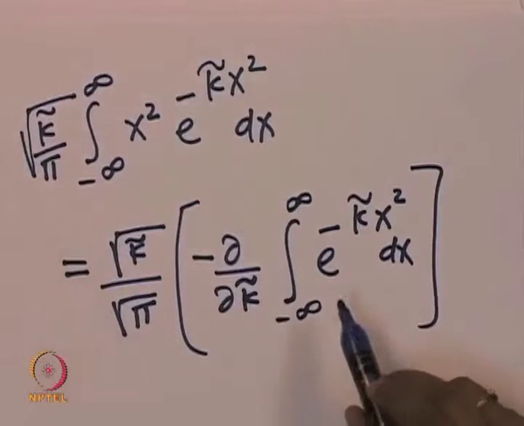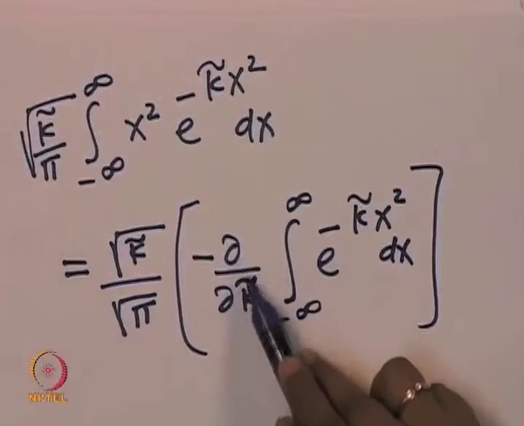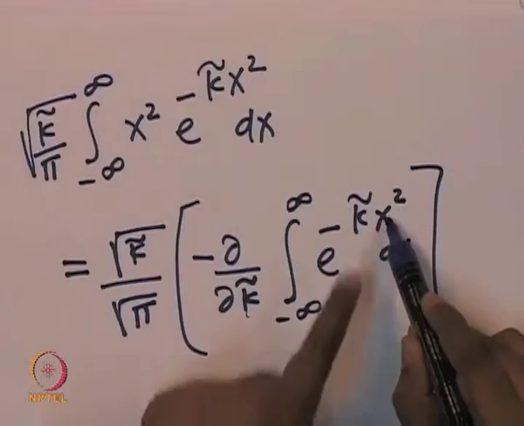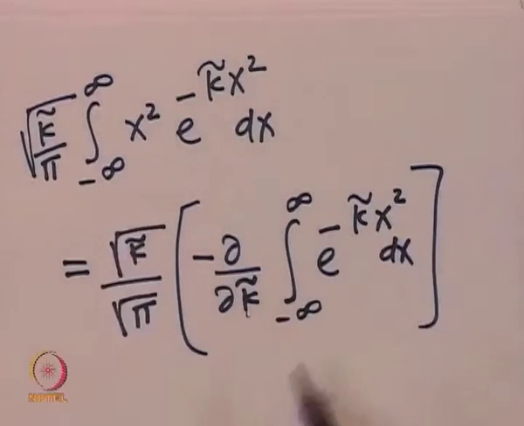If you take the derivative with respect to k̃, an x² will come out, and that x² is the same as this x². So, you can rewrite this in this manner.